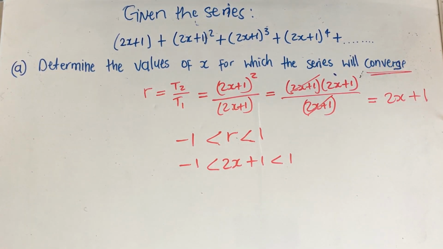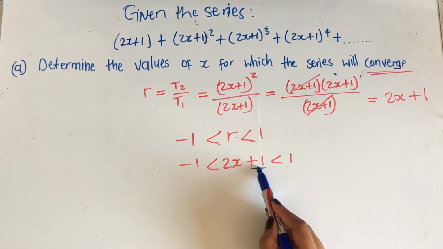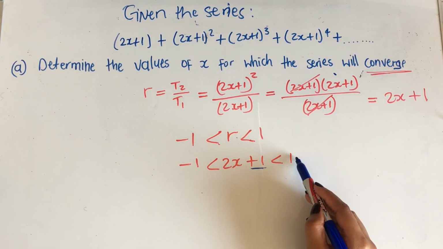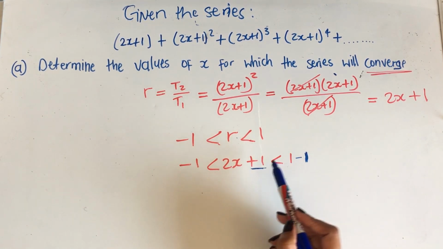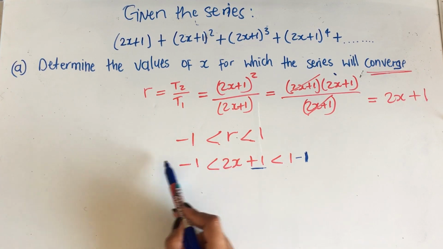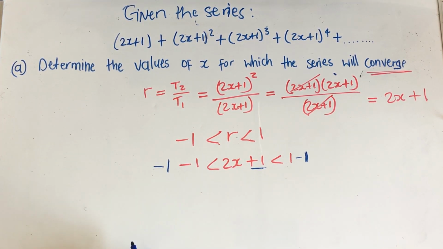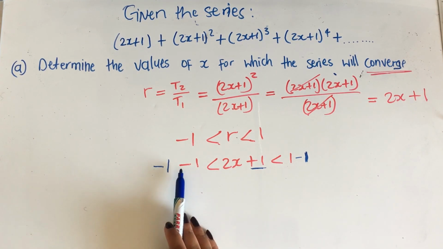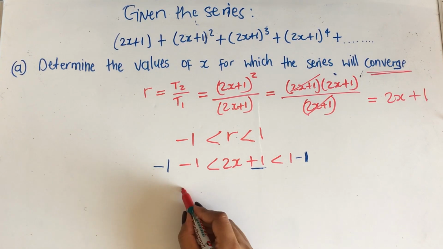And then now what we're going to do is transpose that positive 1. So if you transpose it to that side, it becomes what? It becomes negative 1. Right? And when we transpose this positive 1 to that side, it becomes negative 1. So which means we have negative 1 minus 1, which gives us a negative 2.